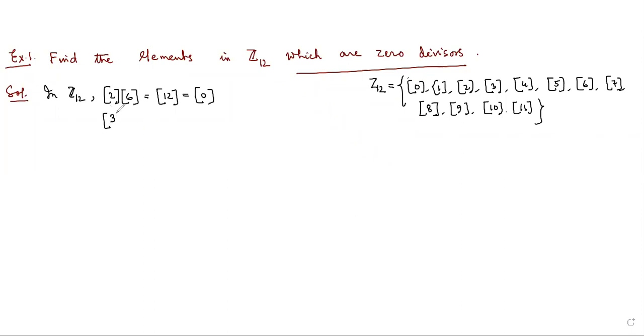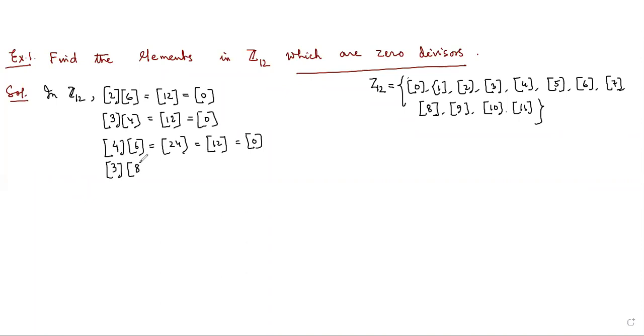If I consider the classes 3 and 4, this is also class 12, which is equal to 0. If I consider 4 and 6, this is class 24, which is equal to class 12, which is equal to class 0. If I consider class 3 and class 8, this is class 24, this is class 12, this is class 0.